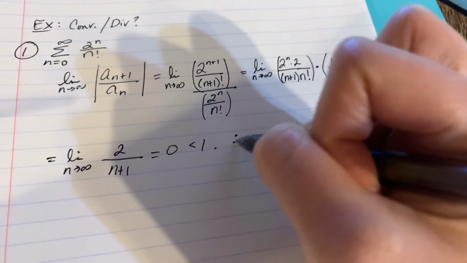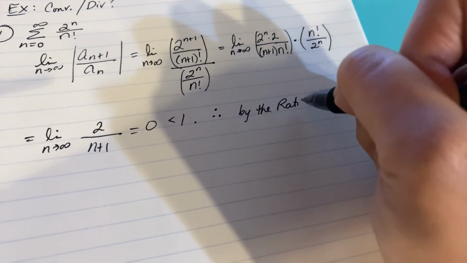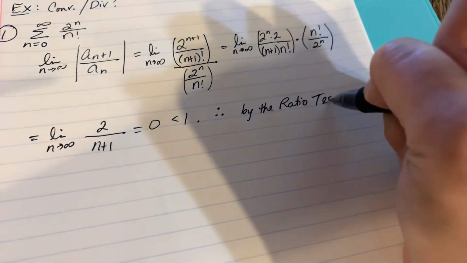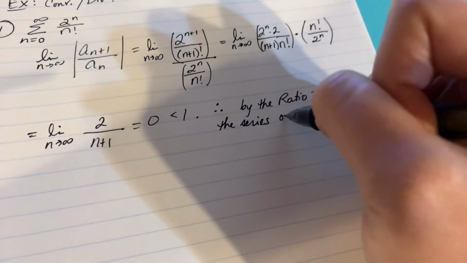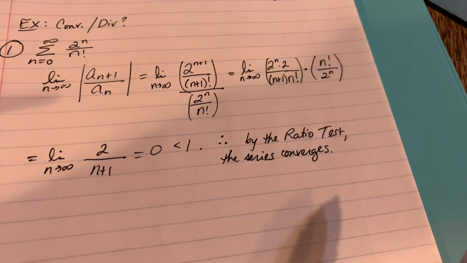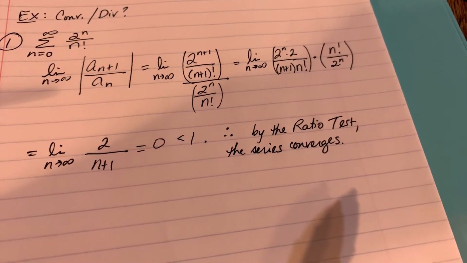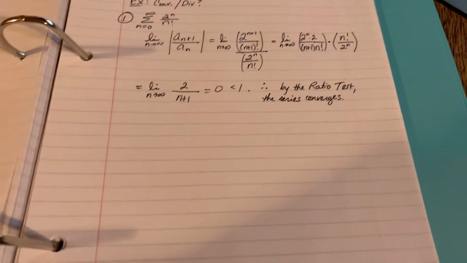So, by the ratio test, the series converges. Pretty nice, huh? You can even say it converges absolutely if you want to be fancy, because that's where we were headed before the COVID virus. Okay, so next one.